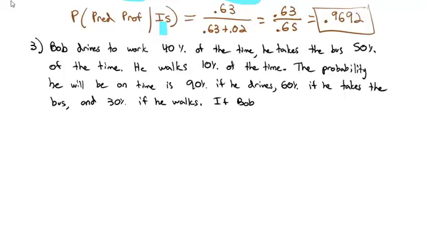If Bob arrives late, that's our given information. Bob has arrived late. What is the probability he took the bus?